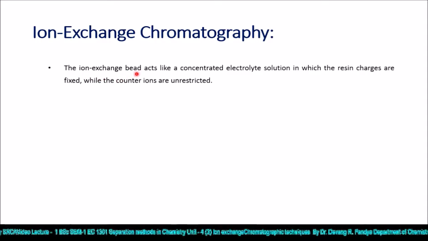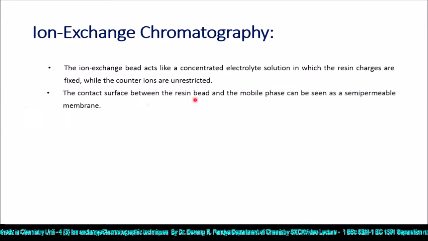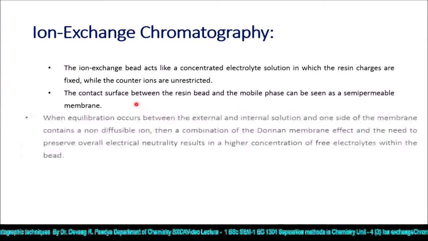The ion exchange bead acts like a concentrated electrolyte solution in which the resin charges are fixed while the counter ions are unrestricted. The contact surface between the resin bead and the mobile phase can be seen as a semi-permeable membrane.